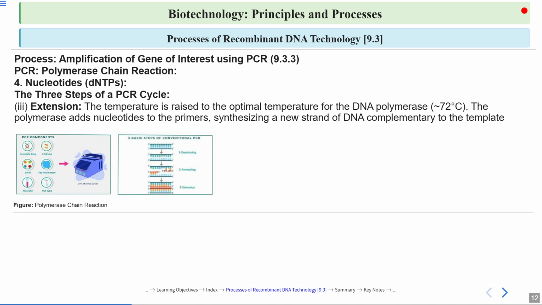After binding, the DNA polymerase will come, whose optimum temperature is 72 degrees Celsius, and will start adding nucleotides to the primer and extend our new strand of DNA. And now you can see that from 1 we got 2 same template DNAs.